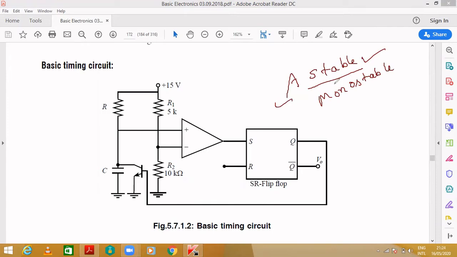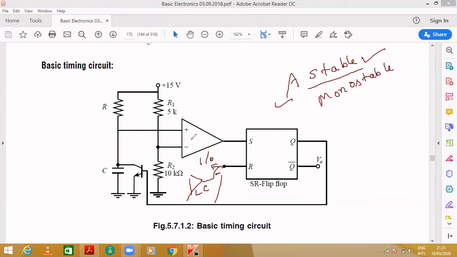Once you get to know the basic timing circuit, it is very easy for you to understand. Here you can observe the R will be operated manually, meaning you are giving the 1 or 0 value. In the main circuit, you are also using a separate op amp for this. You will be calling it LC, that is the lower comparator. Here the op amp will be acting as a comparator. You already studied in module 3 the applications of op amp.